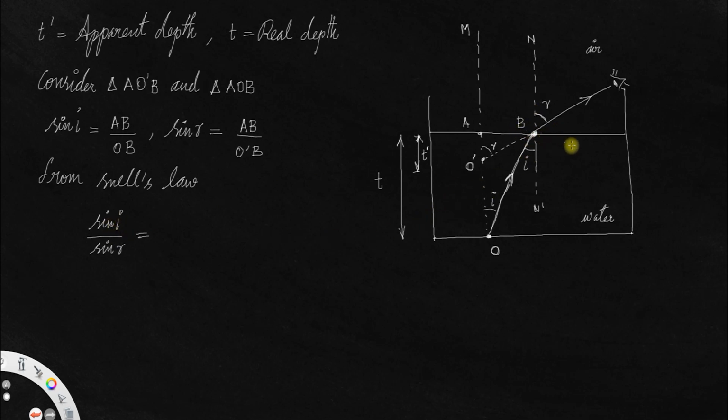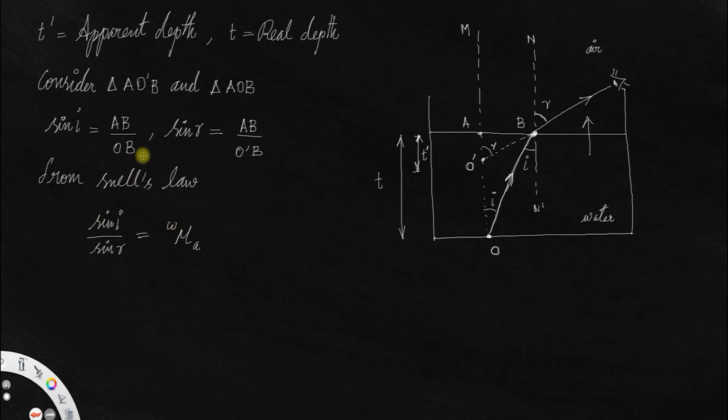The light is traveling from water to air, that is from this medium to this one. So we have to consider the refractive index of air with respect to water, since the light is traveling from water to air. So we have to consider the second medium with respect to the first medium.